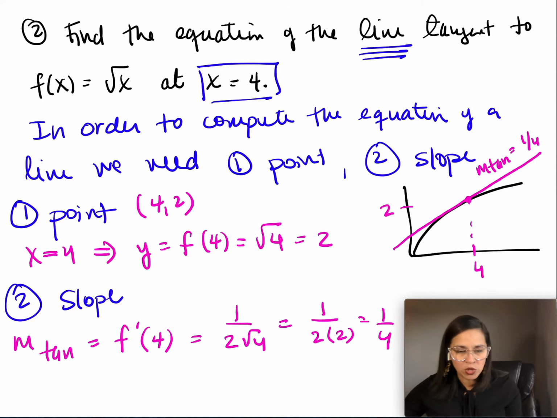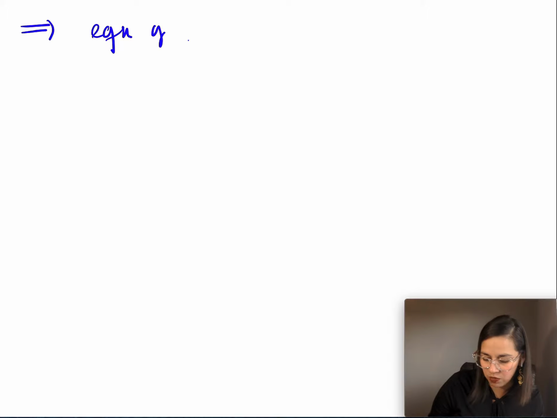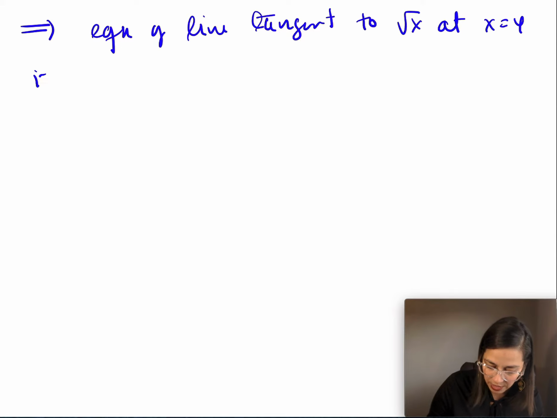Now we have to compute the equation of the tangent line. So the equation of the line tangent to root of x at x equals 4 is, I'm going to say, y minus y1 equals m times x minus x1.